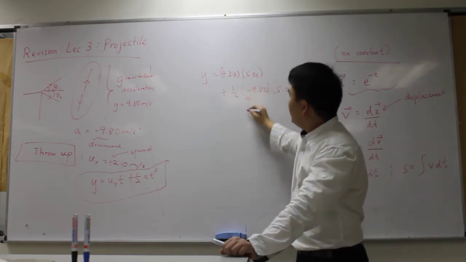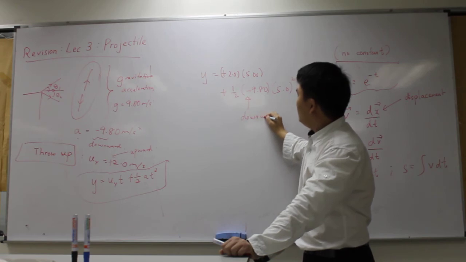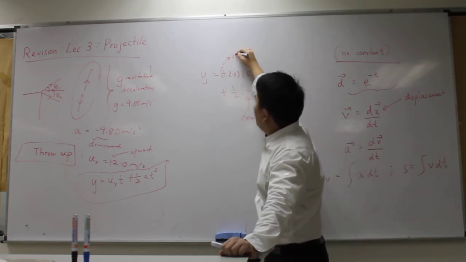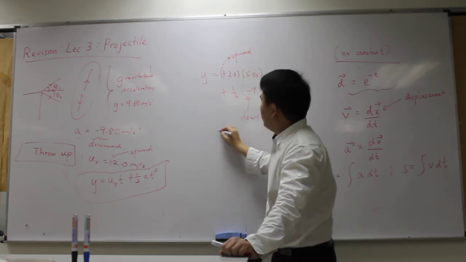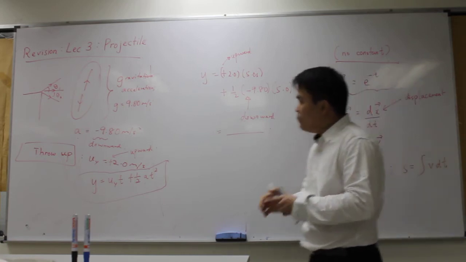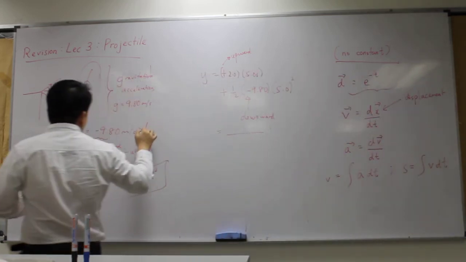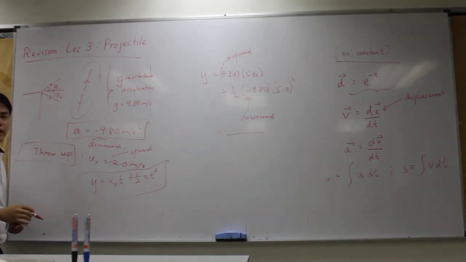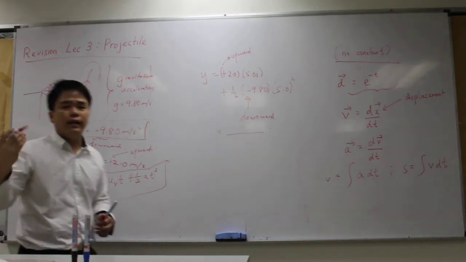Okay, negative again indicates downward and positive indicates upward. So as a result, you can get the y. Okay, and a good point here is that, as I said, all we deal with for this case is only that a is a constant value, which is either positive 9.8 or negative 9.8.